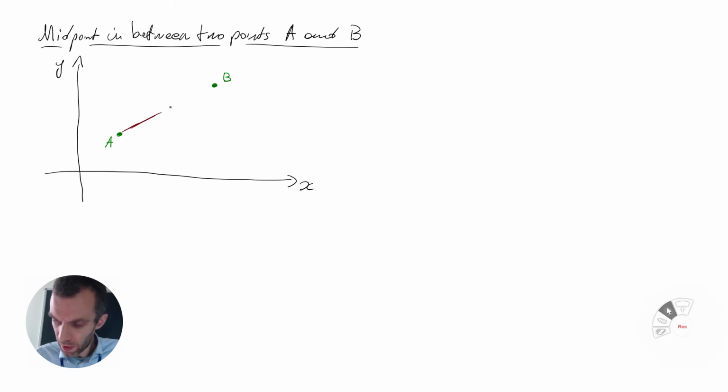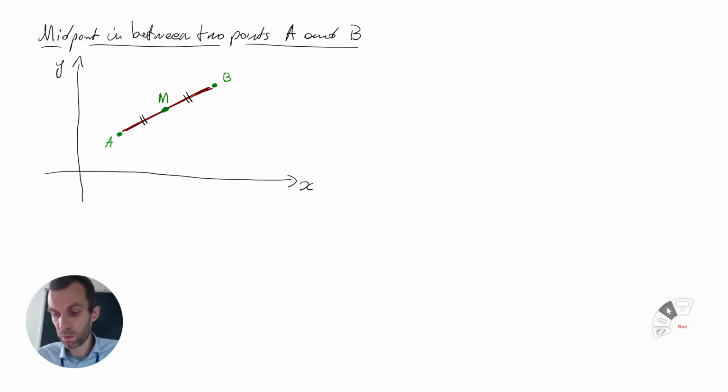And then on this line in between the two, somewhere in the middle, there's a third point M whose coordinates we want to calculate. And M is the midpoint, it's in the middle. So what does that mean? Well, it means that this side right here has the same length as this interval.